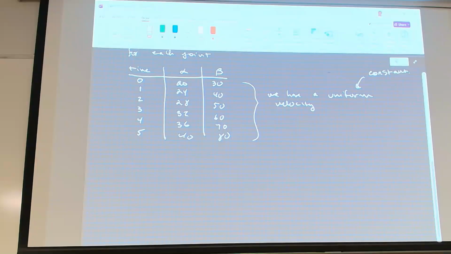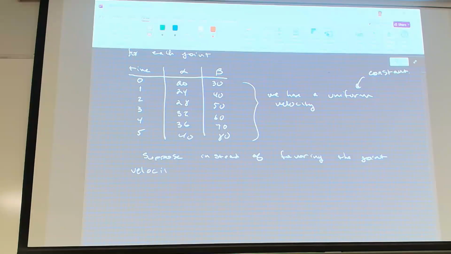So now what we have is, suppose instead of favoring the joint velocities, we favor the end effector path/trajectory.